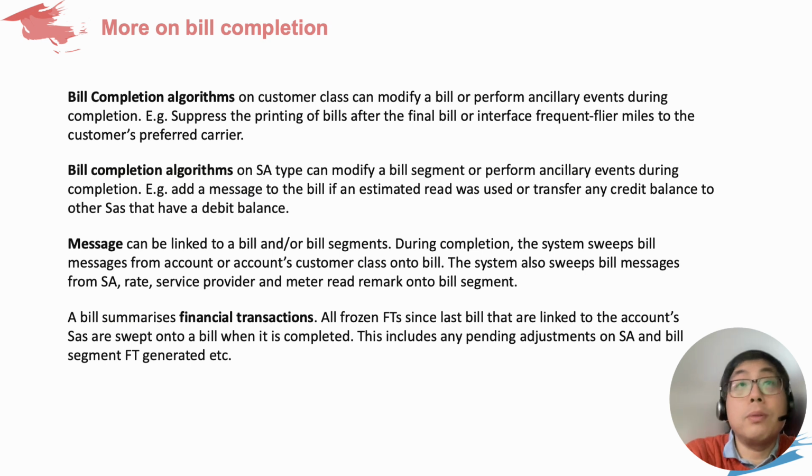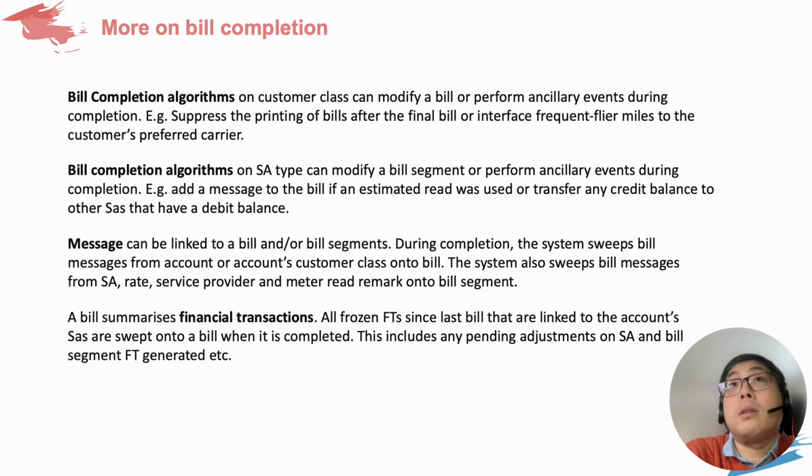but the difference between the bill completion algorithm and the post algorithm is actually these two on this page, about the bill message and financial transactions. So if you want to be sure, for example, if you want to check up on the total cost, total value of the bill, you might want to specify it on the bill post algorithm rather than the bill completion algorithm.